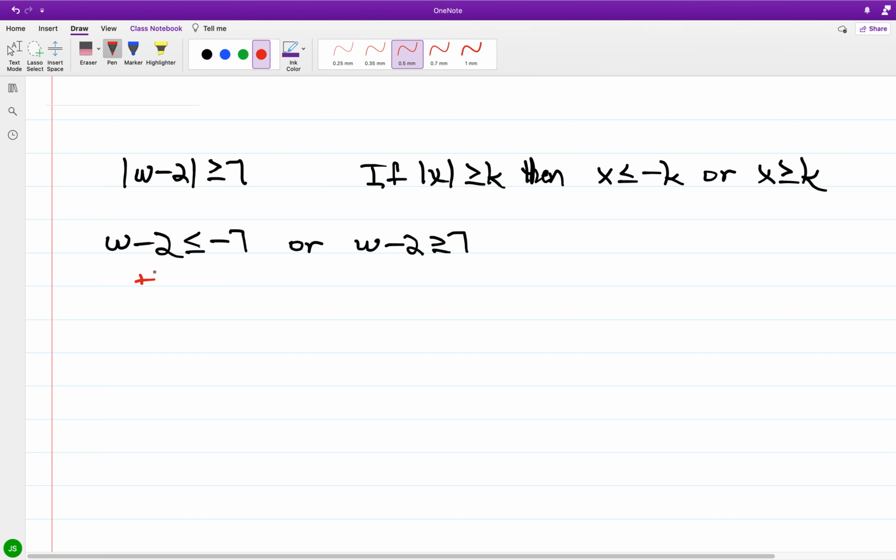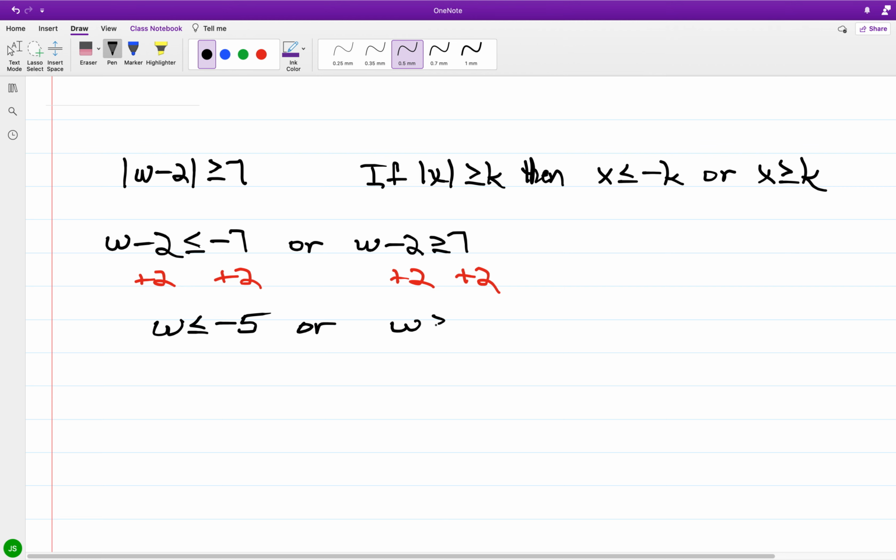And solving each of the inequalities, on the one hand, we have that w is less than or equal to negative 7 plus 2, which is negative 5. And it could be that w minus 2 is greater than or equal to 7.